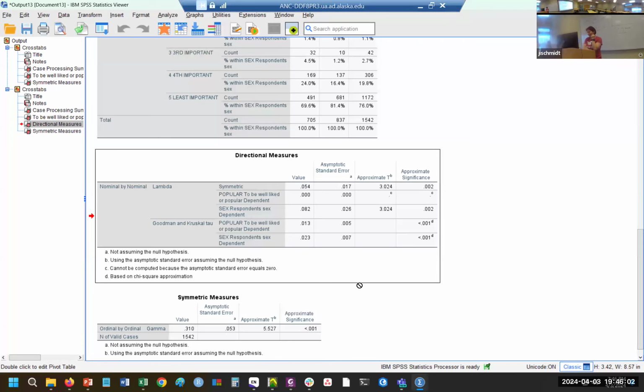So what's the interpretation of that? 0.08. Is that low? Yeah, low. Okay. Right, because that range was like 0.321, right? For lambda? Yeah. Yep, so overall pretty low.